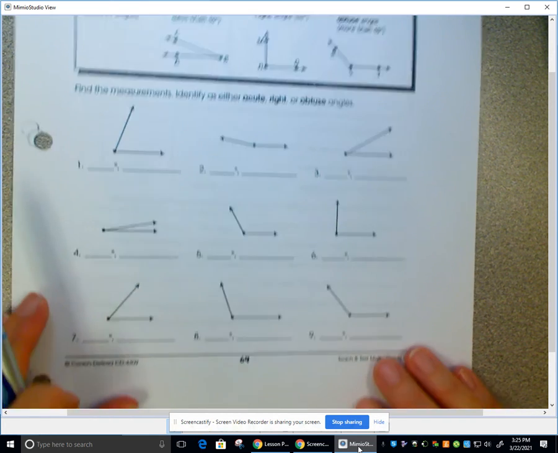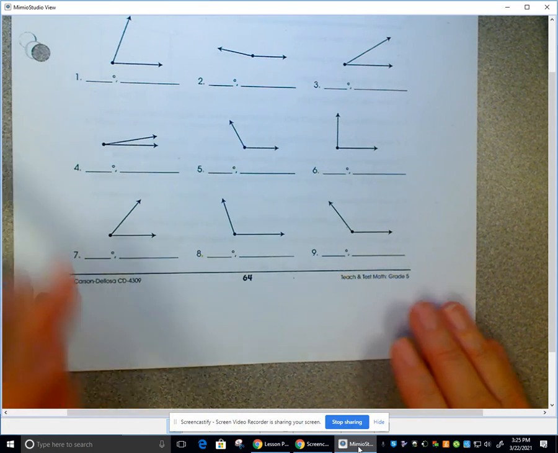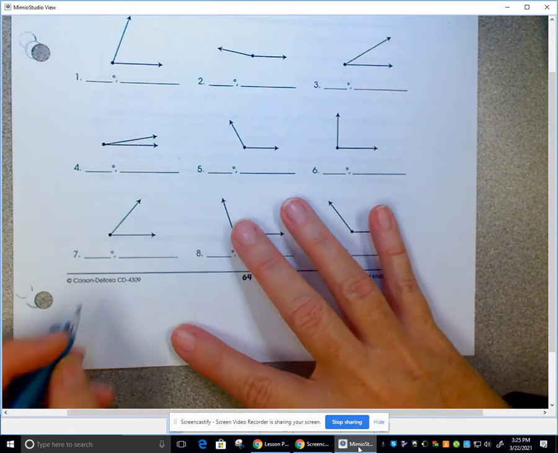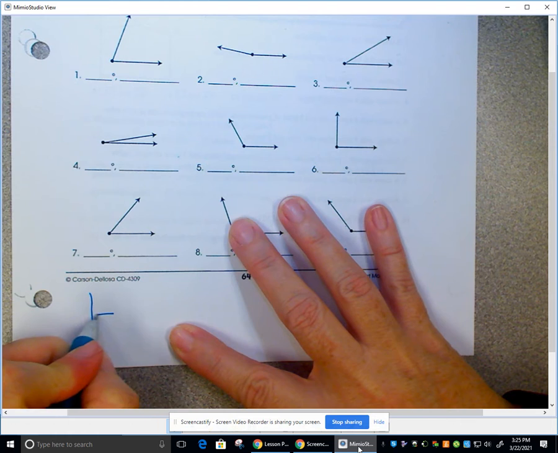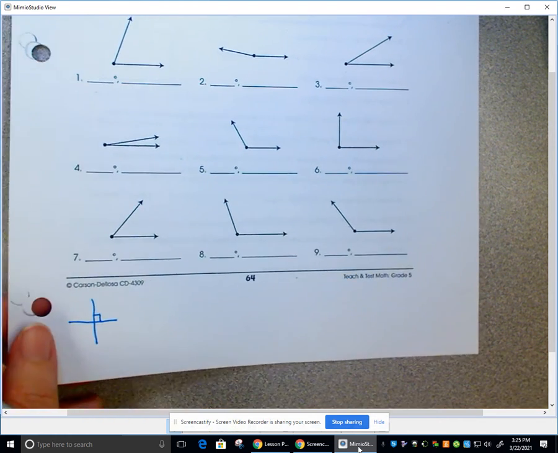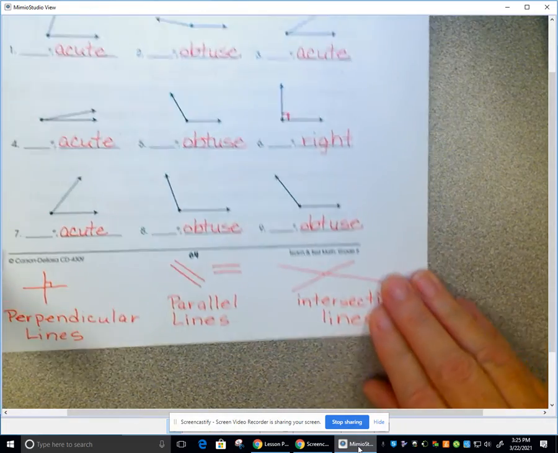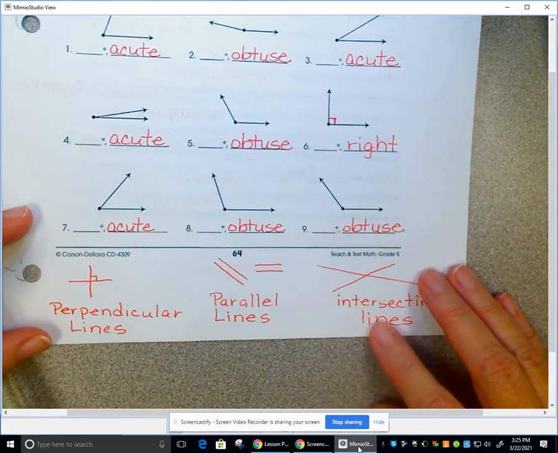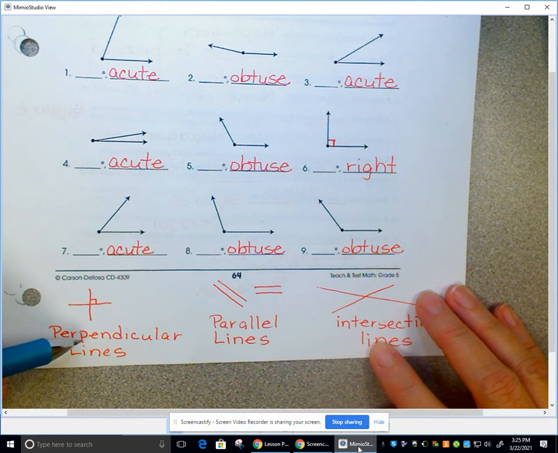Now, there's some lines I want to get you familiar with. These lines are called perpendicular lines. As a matter of fact, I've got another sheet here that already has the drawings on it. So I'll show it to you that way. These are perpendicular lines. You'll notice where they cross, they form a right angle. So these are intersecting lines and perpendicular lines.